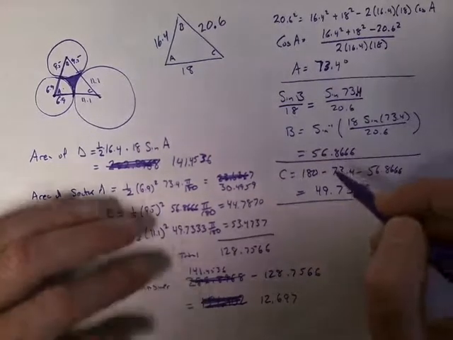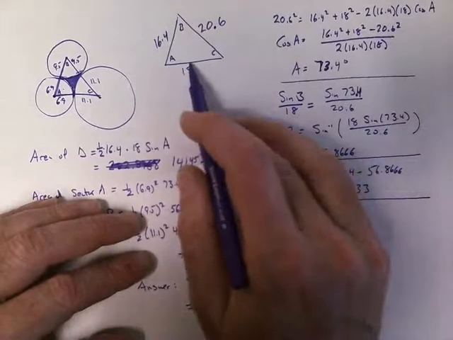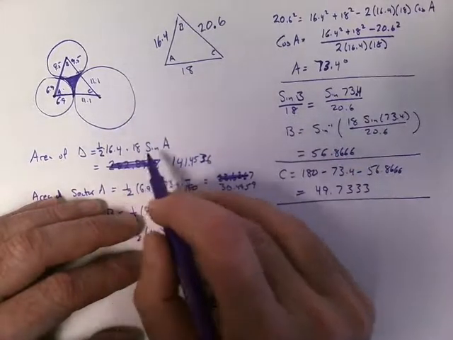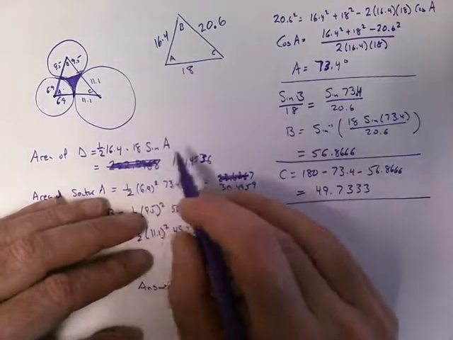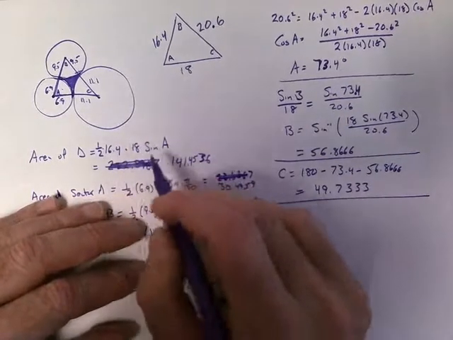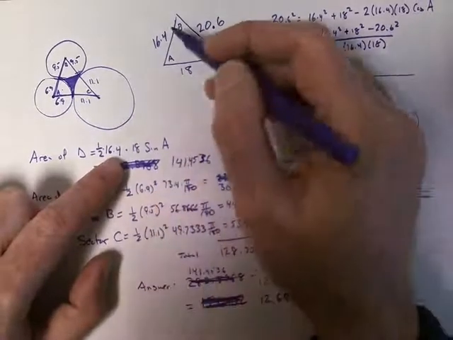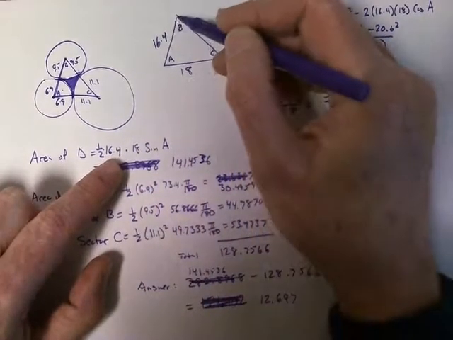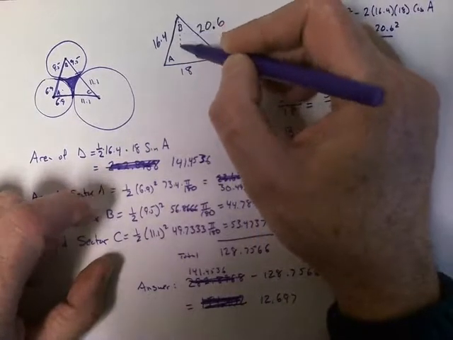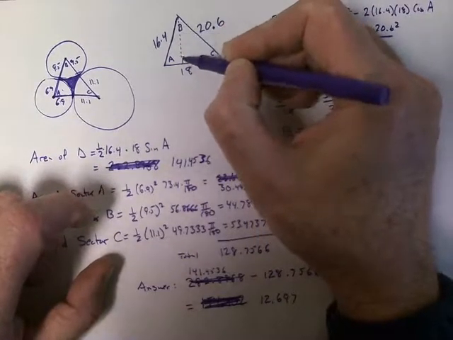So now I'm going to do the area of the triangle as 1/2 the base times the height, or 1/2 AB sine C, or I guess this is 1/2 BC sine A. I think of this as, if I take 16.4 times the sine of angle A, it's going to give me that altitude right there.